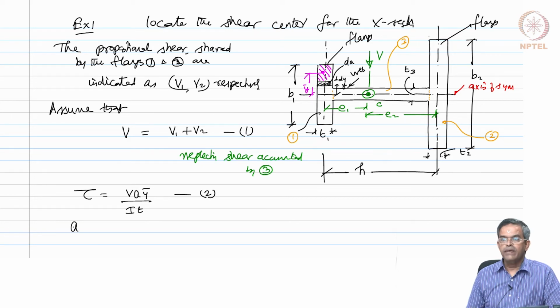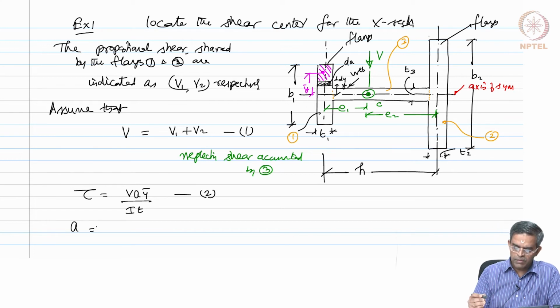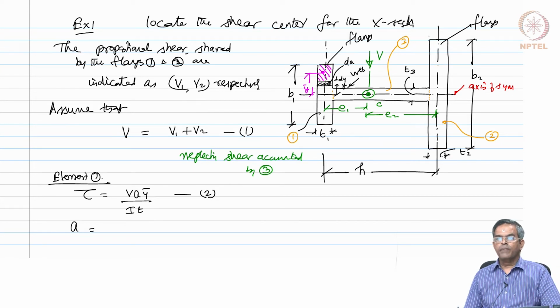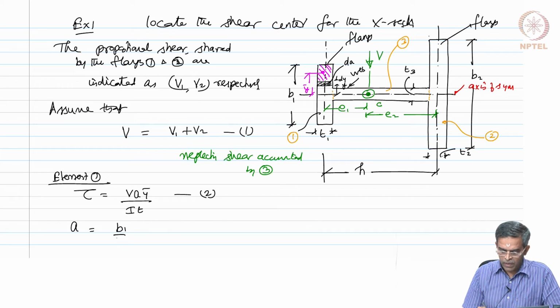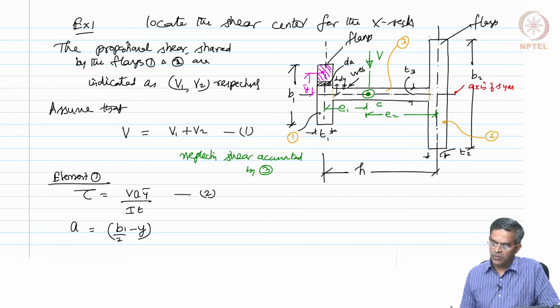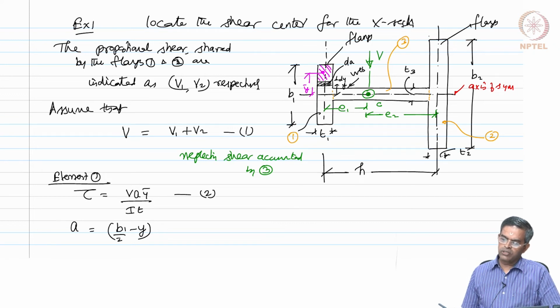So, the small a for the component 1, this is for element 1, component A is going to be B1 by 2 minus y. Okay, that is the hatched portion in cyan color. B1 by 2 minus y into T1.